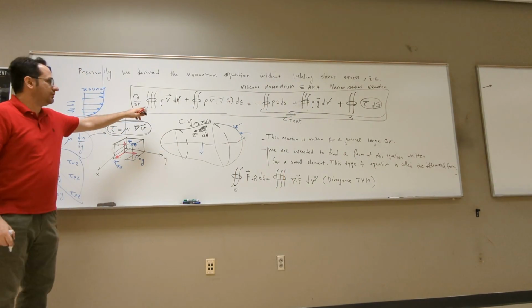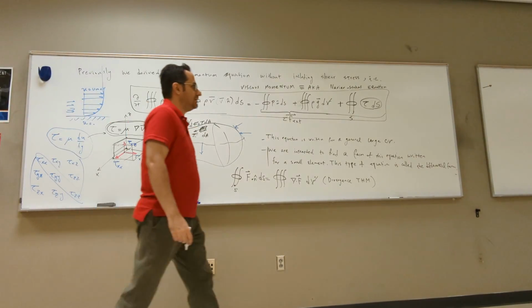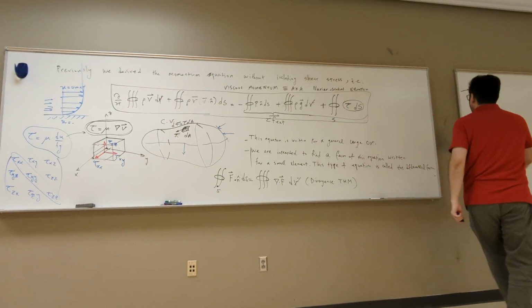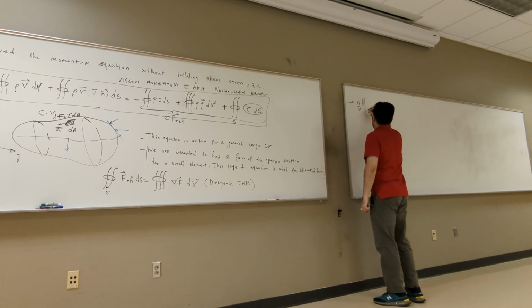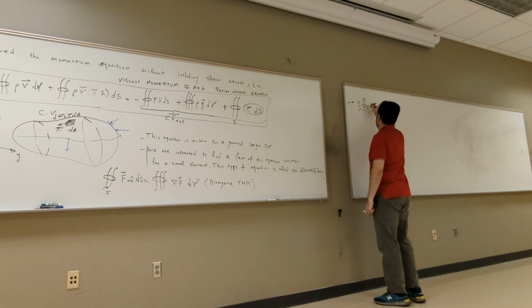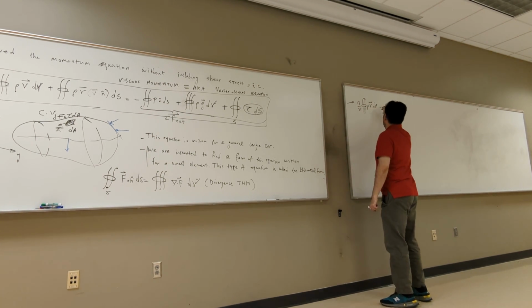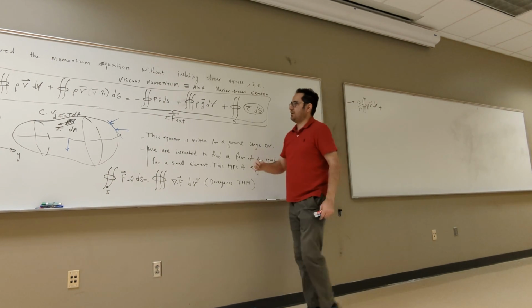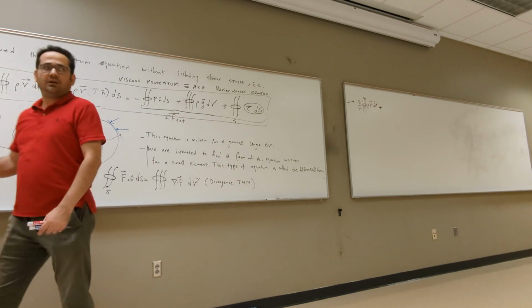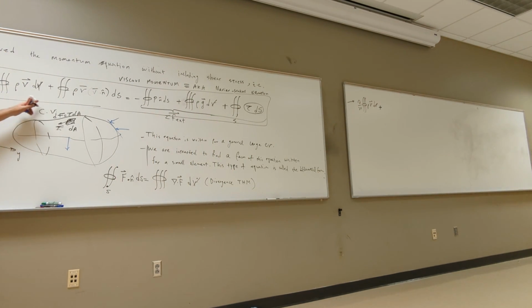This term is already in volume form, so I just leave it like that. I have d/dt of the volume integral of rho v dV plus the second term, the surface integral. If I want to convert this to a volume integral, what should I do?